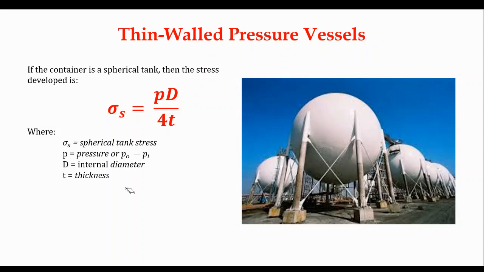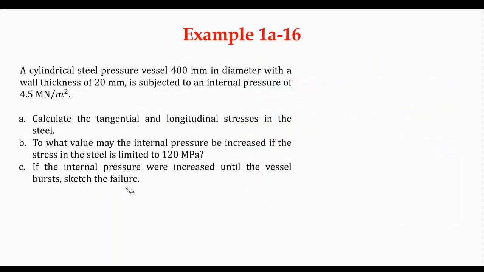So, let's have an example to further exemplify the topic. A cylindrical steel pressure vessel 400 millimeter in diameter with a wall thickness of 20 millimeter is subjected to an internal pressure of 4.5. Okay guys, what is this unit? It seems new to you.